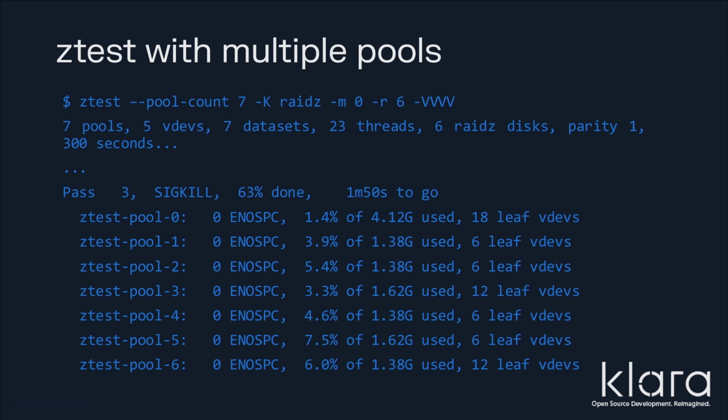The first pool has 18 disks because they decided to make new top levels a couple of times, and there's another one with 12. You can see the tests themselves have variance, and that's going to show up when you run it against multiple pools. Any questions on the multiple pool stuff?